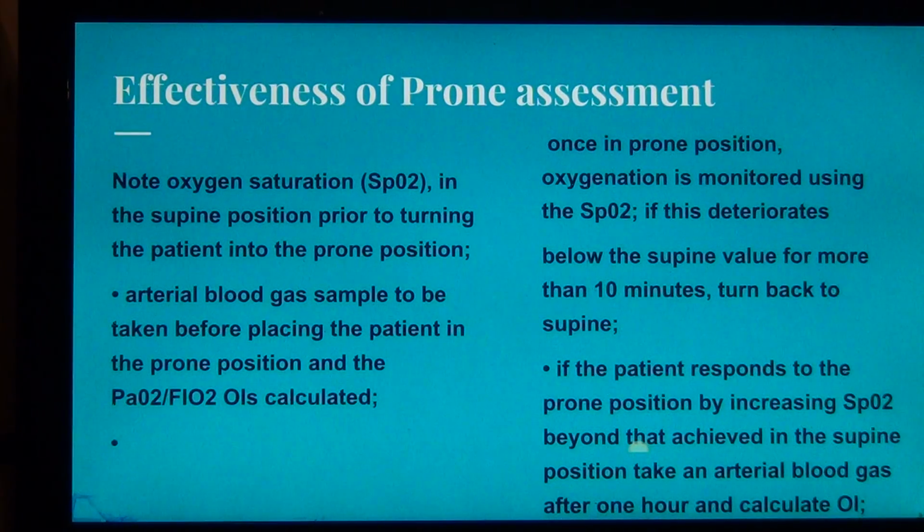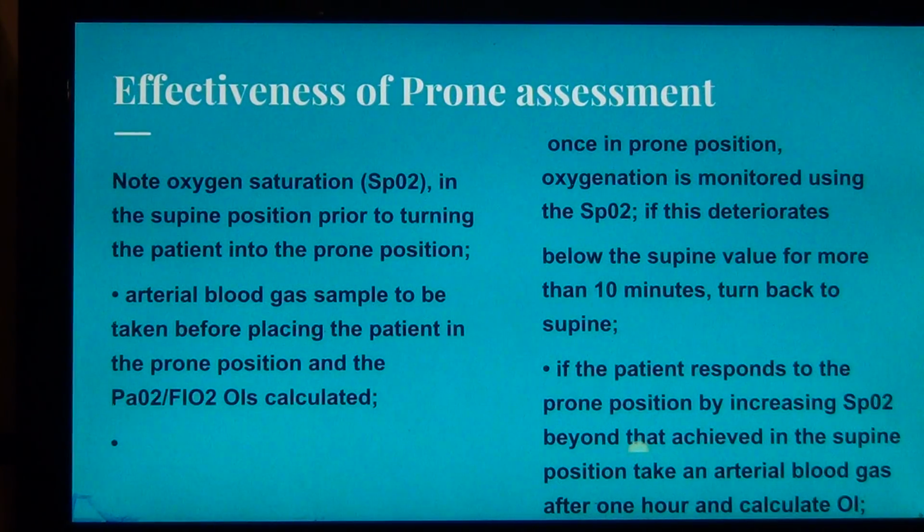Once in the prone position, oxygen is monitored using the SpO2. If this deteriorates below the supine values for more than 10 minutes, turn the patient back to supine. The goal is to try to get the patient to oxygenate better, so if they're deteriorating, we don't want that.